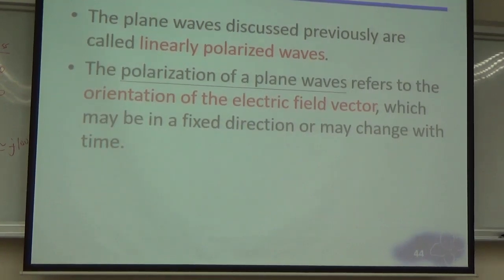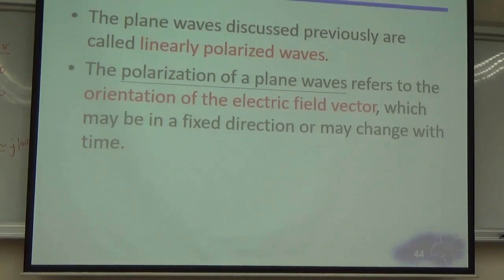Orientation, the direction of your vector. So the polarization of your plane wave means where you put your vector, your E-field, its orientation, which may be in a fixed direction or may change with time. It's a big problem.